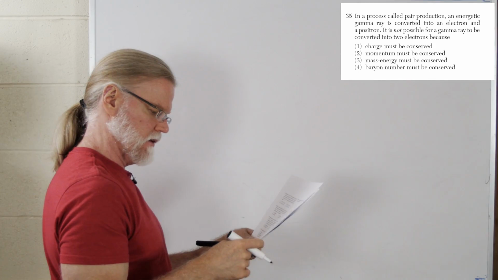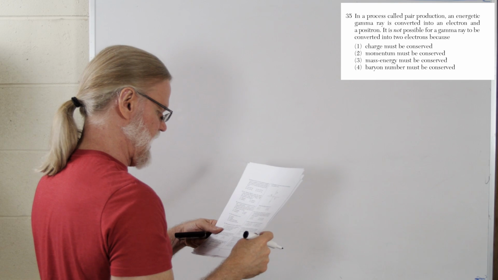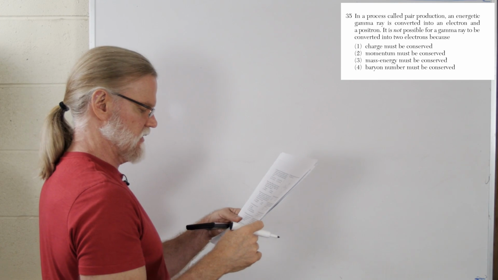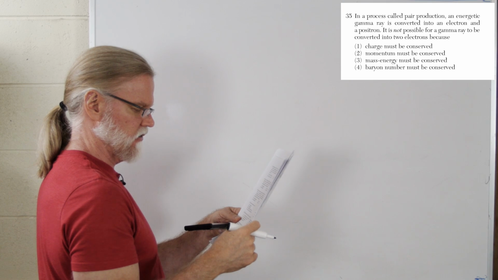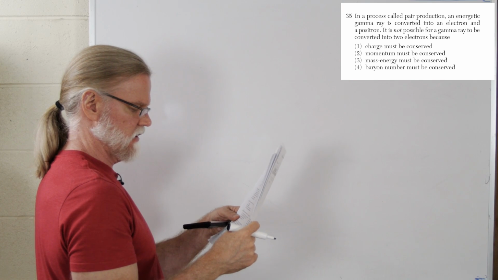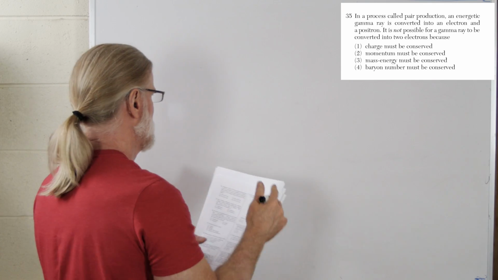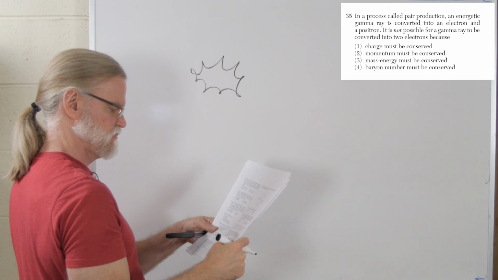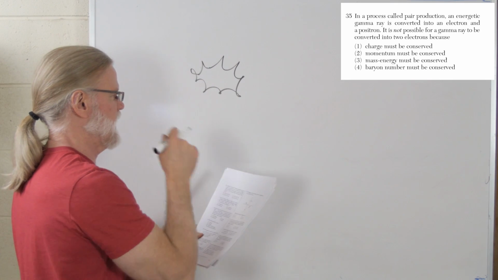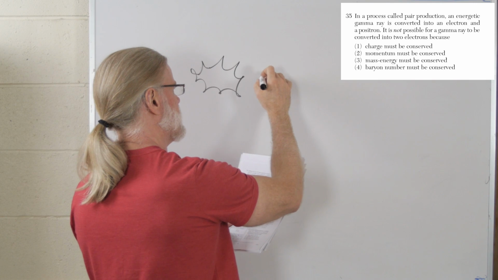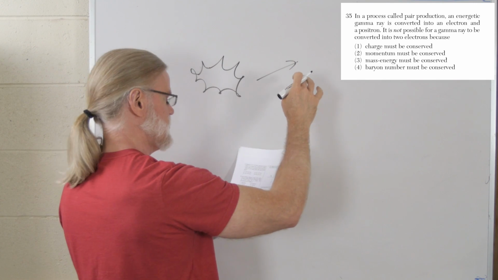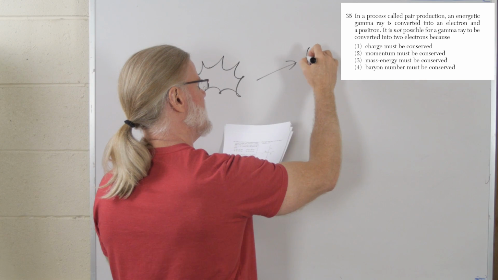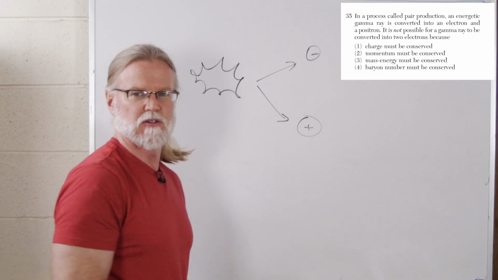In the process called pair production, an energetic gamma ray is converted into an electron and a positron. It is not possible for a gamma ray to be converted into 2 electrons because there's our photon, and it's energetic. It's gamma. And it's going to be converted into an electron and a positron.